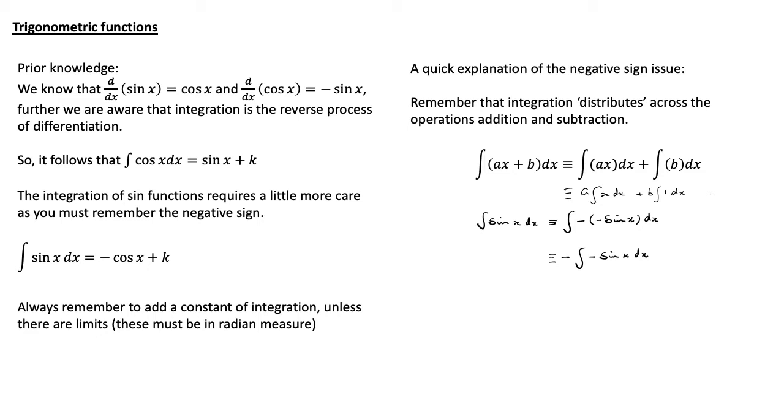And seeing as that distributes, I can take the minus sign outside my integration, so I get minus integral of minus sine x dx. Now of course the differential of cos is minus sine x, therefore the integral of minus sine x will be cos x. Hence I get minus cos x plus my constant.